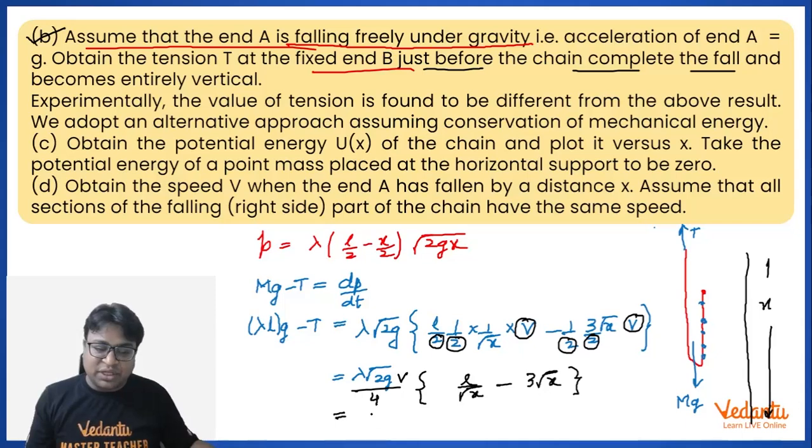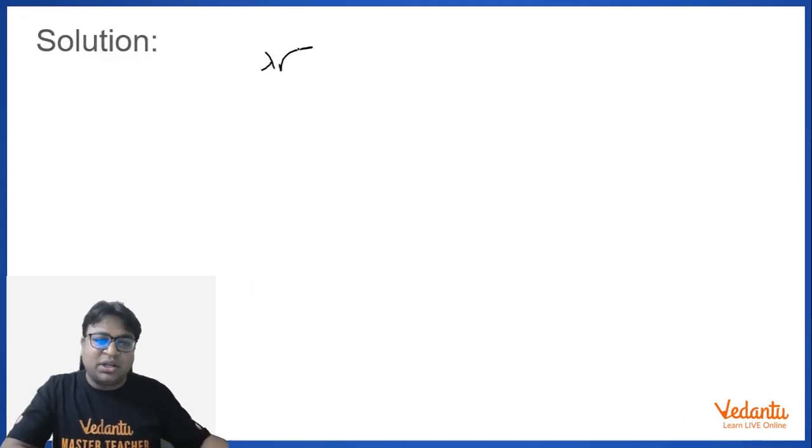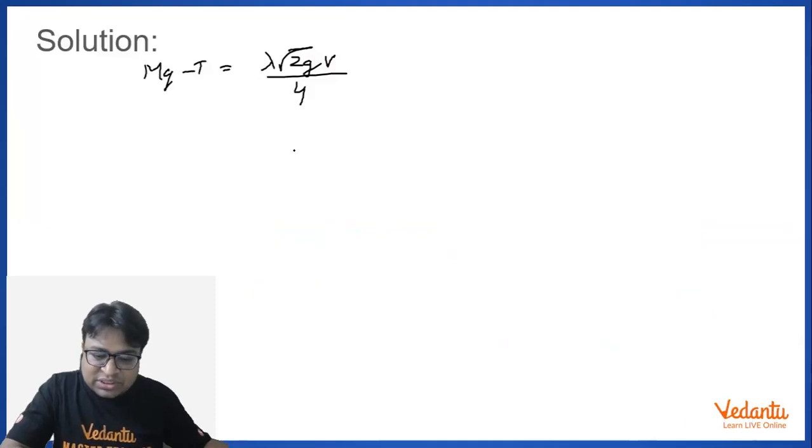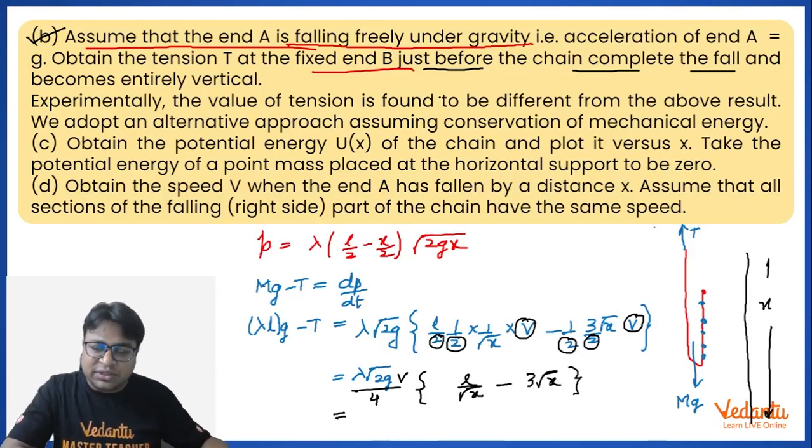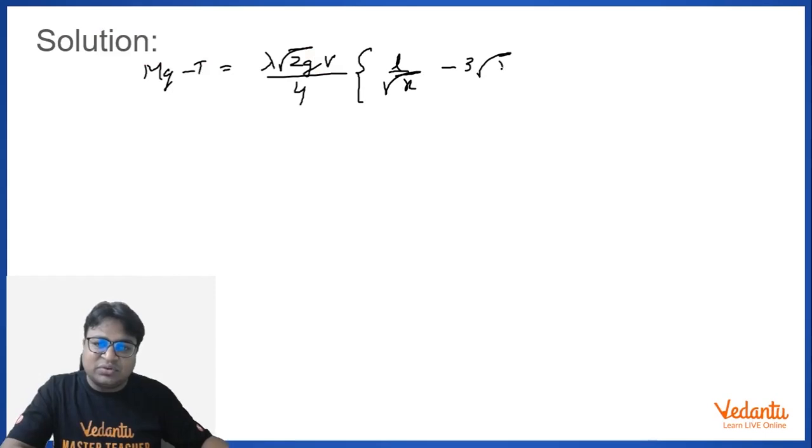All right, so we are going to get, let me switch the slides. So lambda root 2g into v by 4 is what we were getting. Mg minus T was equal to this. Let me just go back and check. And then we will have L by root x minus 3 root x.